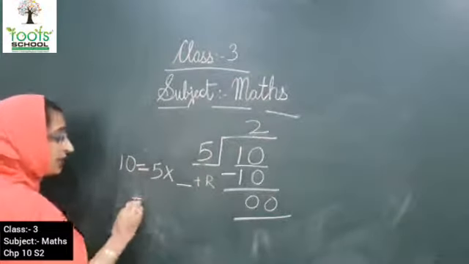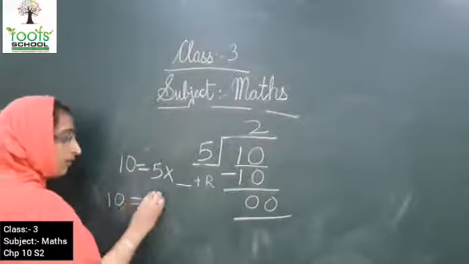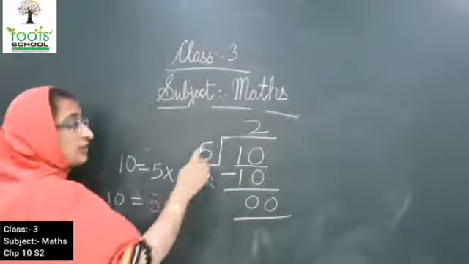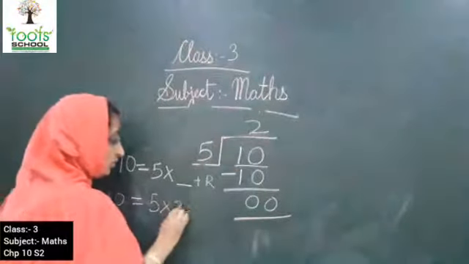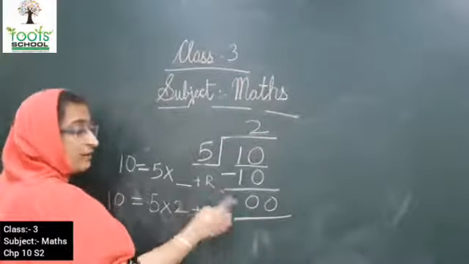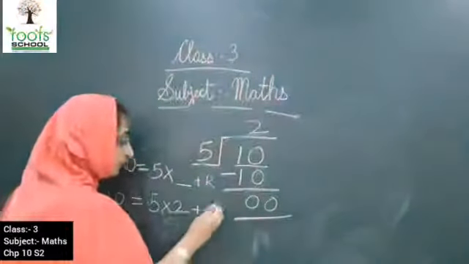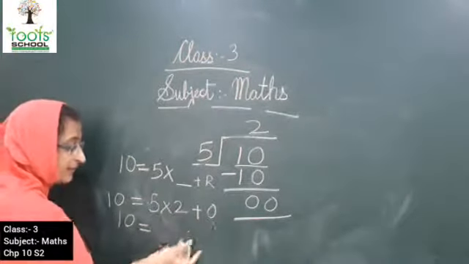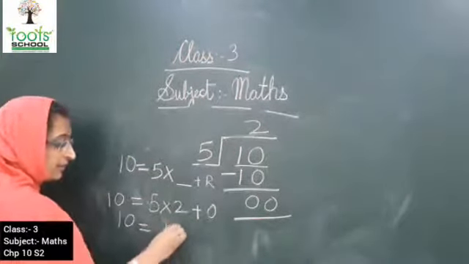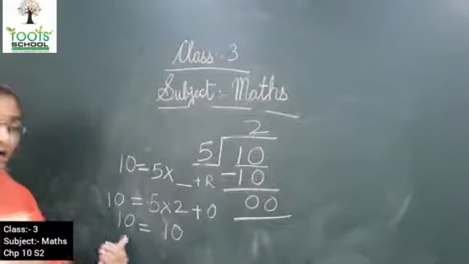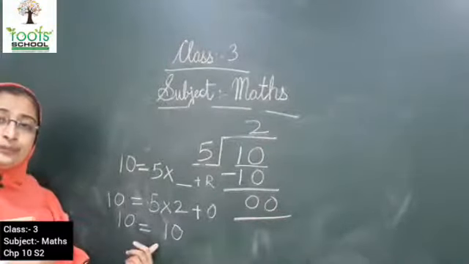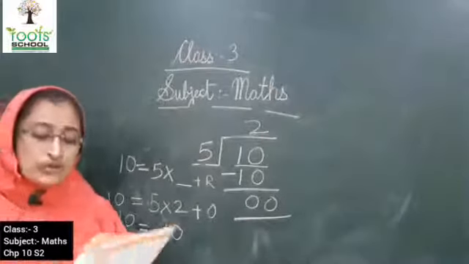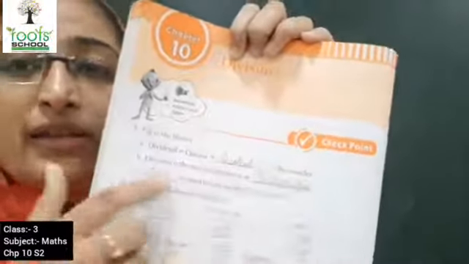So kids, in this case, 5 into what's your quotient? 2, plus remainder is 0. So 5 2s are 10, 10 plus 0 is 10 only. So here you got the answer, 10 is equal to 10. Understood? So here the statement is dividend is equal to divisor into quotient plus remainder.